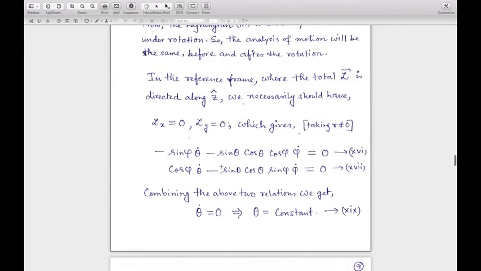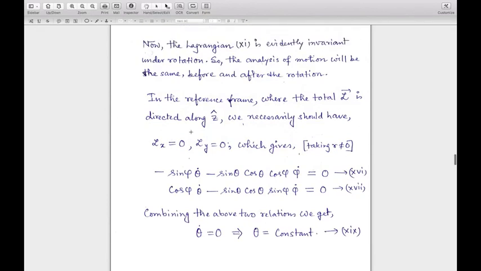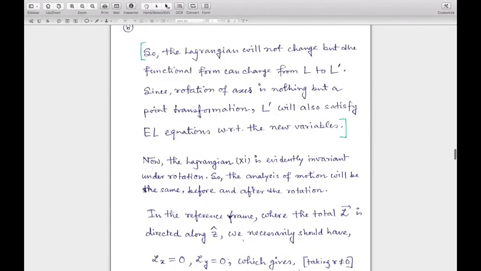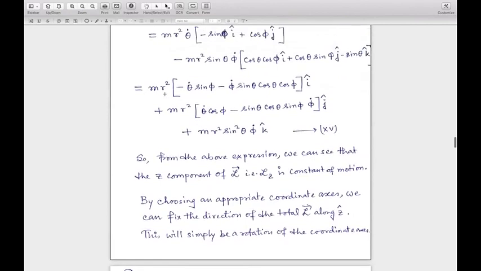So what we will just see is, under this situation, what will be the restrictions on our previous coordinates theta, phi? So if you just see Lx and Ly, the x and y components, they are m r square times these angular parts.